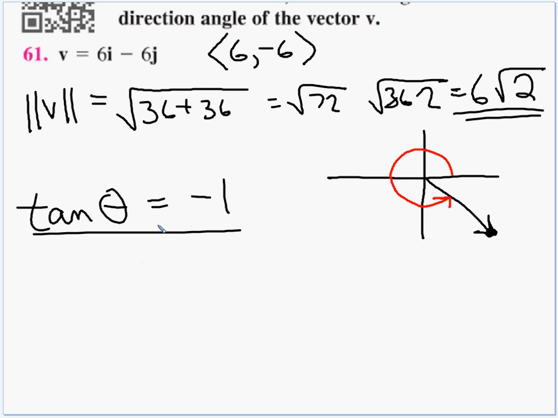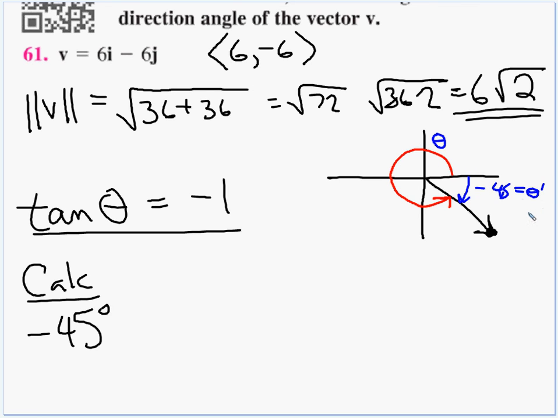Now, a couple ways to approach this. If you punch this in your calculator, you're going to get -45 degrees. So this angle is -45. What does that tell us about finding the big angle here in red? This red angle would be our theta. What we found here was our reference angle theta prime.